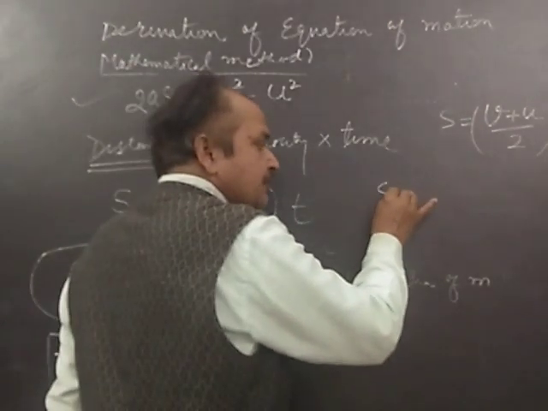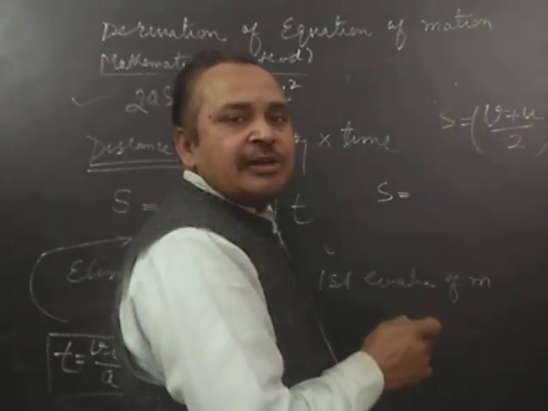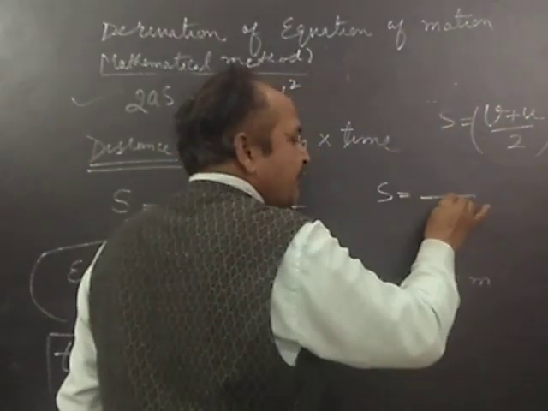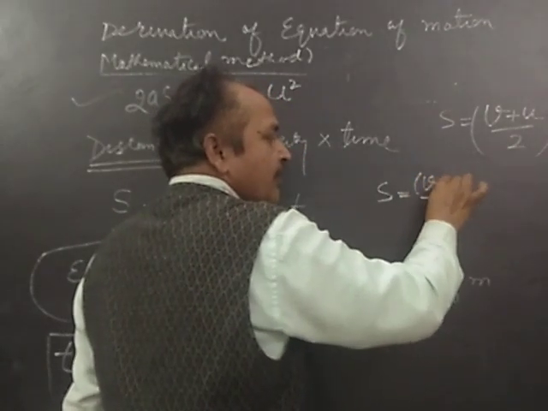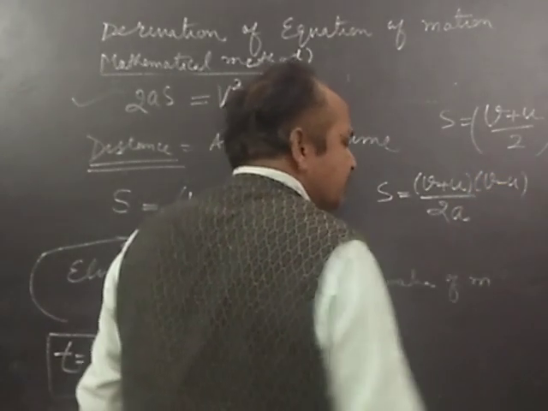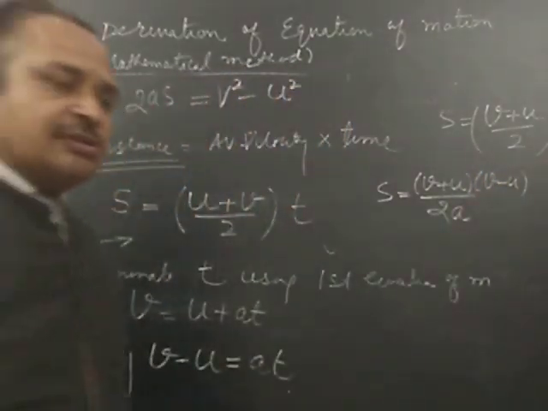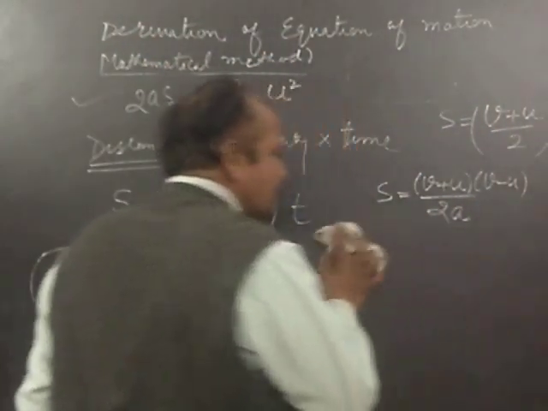Now multiplication rule you know. Numerator will multiply with the numerator and denominator will multiply with denominator. So 2a, and what is left? A plus b into a minus b. And all the mathematicians, you know this value. What is v plus u into v minus u?